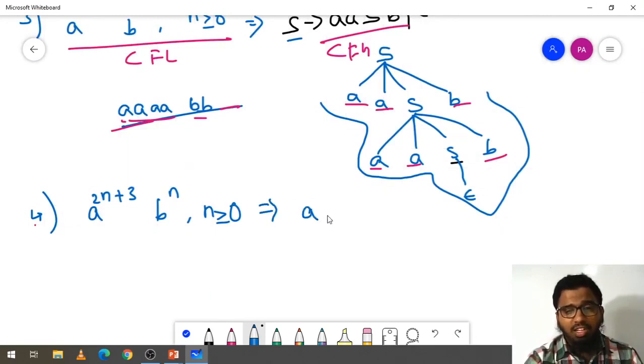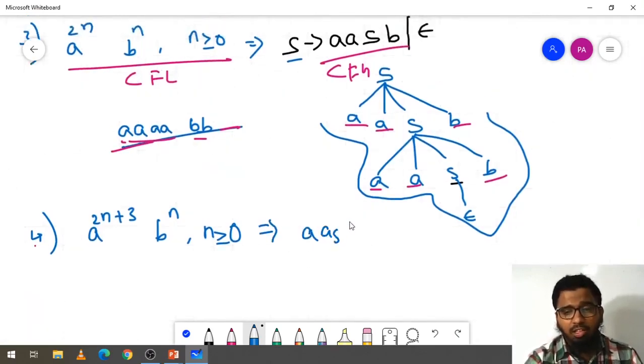First as it is AASB, because we know a to the power of 2n, b to the power of n. Now we need to work on the plus 3.